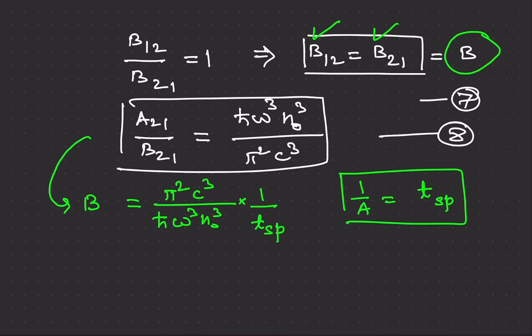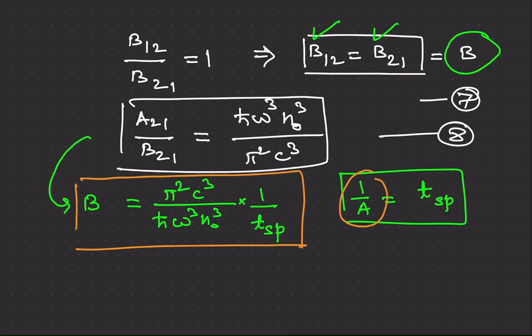This is a very important relationship for the Einstein coefficient B in terms of spontaneous lifetime T or 1 by A.